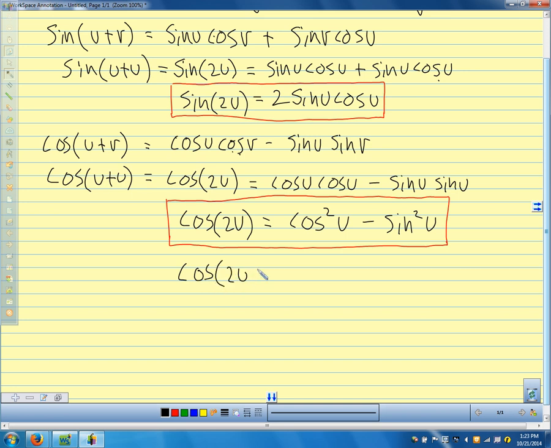So we can write it only in terms of cosines. I get 2 cosine squared u minus 1 if I substitute for sine squared u. And if I substitute for cosine squared u, I get the cosine of 2u equals 1 minus 2 sine squared u.